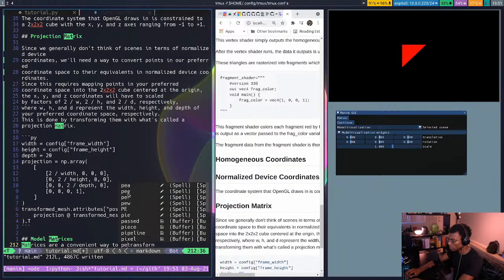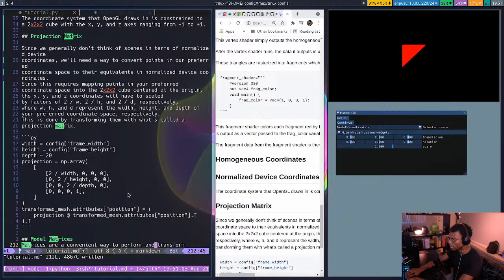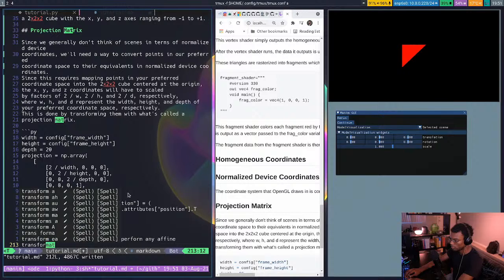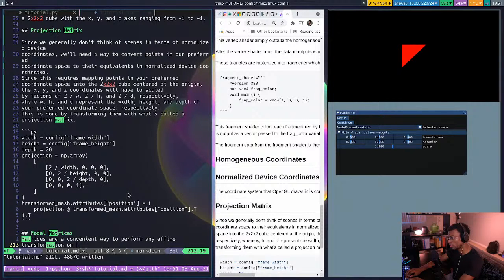To perform any affine transformation on attributes. I should just say on attributes. That's probably fine, assuming I actually know what an affine transformation is.